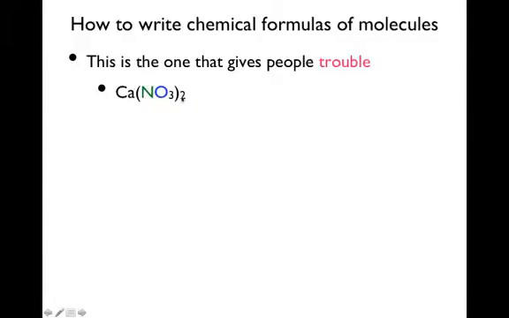But this subscript of 2, outside of the parentheses, basically means there's two sets of everything that's inside of the parentheses. So if there's 1 nitrogen inside of the parentheses, this 2 means that there are actually 2 sets of those 1 nitrogens. So there are 2 nitrogens.